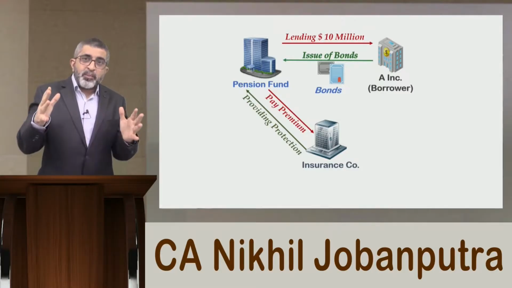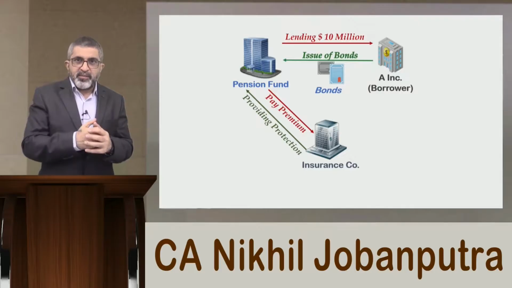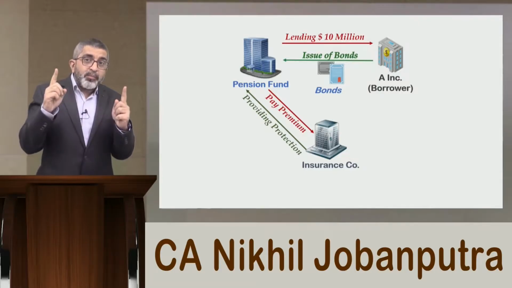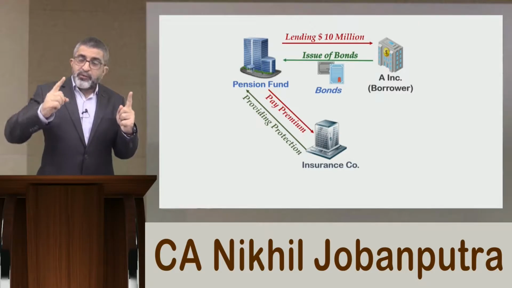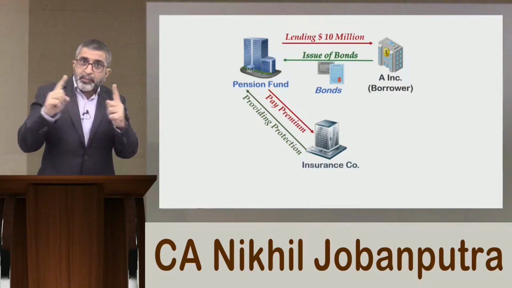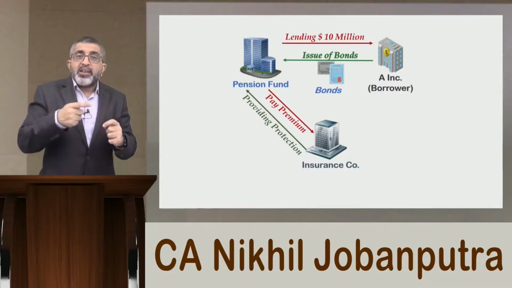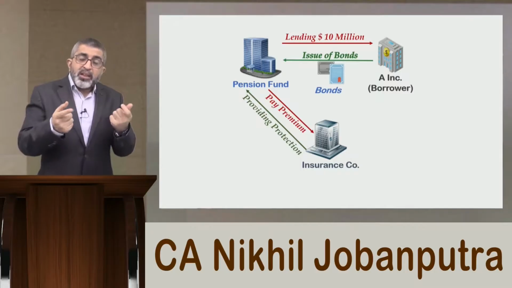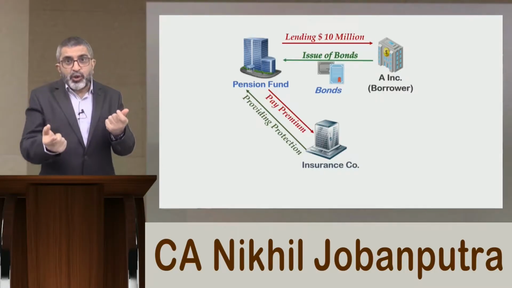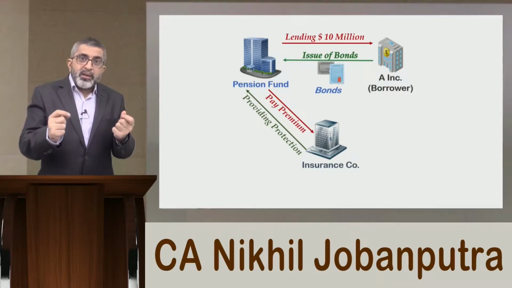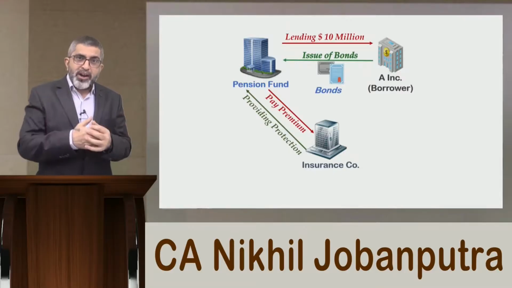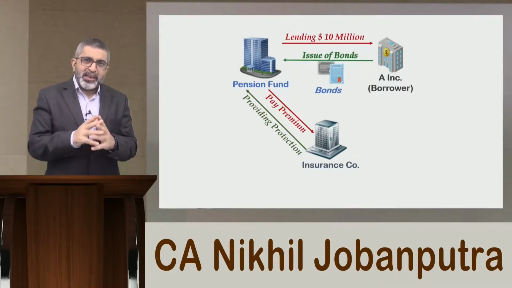Suppose the life of this bond is 10 years. Then the original bond contract between the pension fund and A Incorporation is for a period of 10 years. But the insurance contract between the pension fund and the insurance company could be, say, an annual contract. Now imagine what would happen.